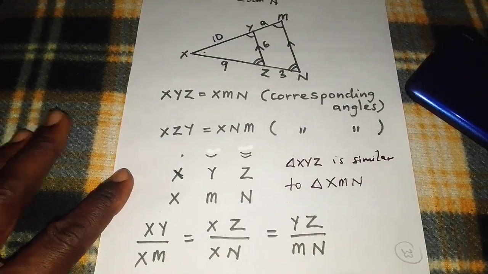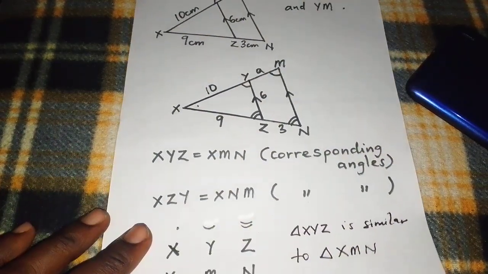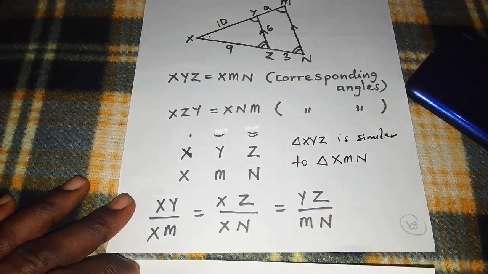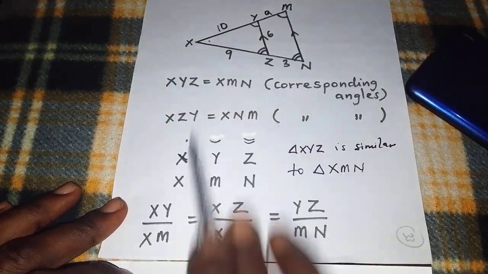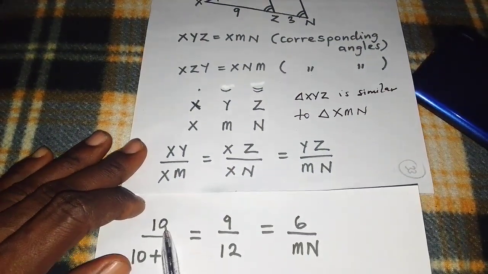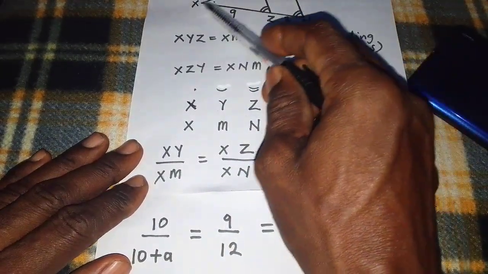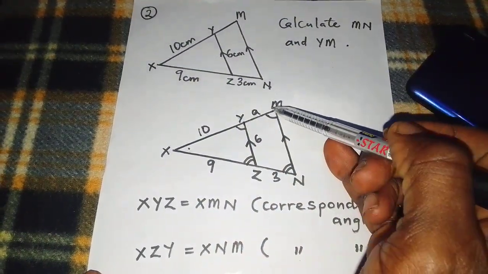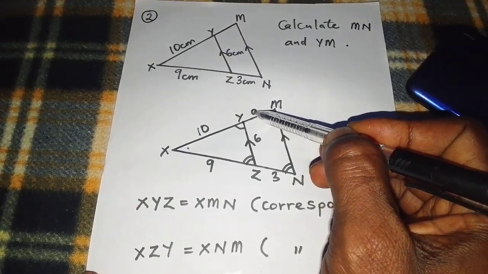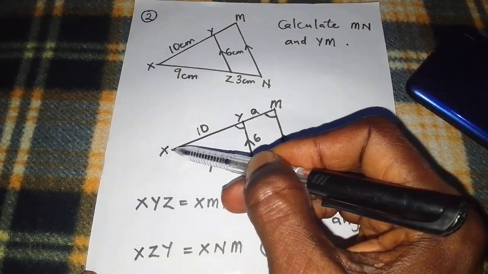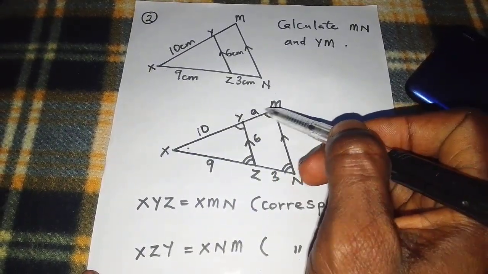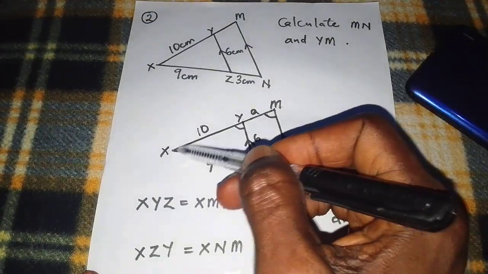Now coming back to the diagram, we need to look for the side XY. Our XY is 10, so you are going to put 10 over our XM. Now we are not given the side YM, but we can use a to represent that side. So XM is 10 plus a.